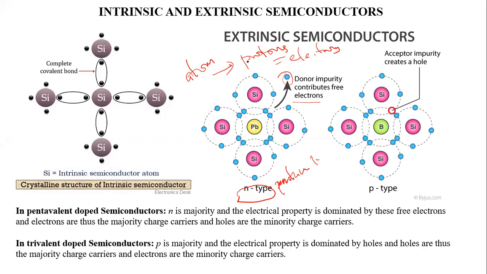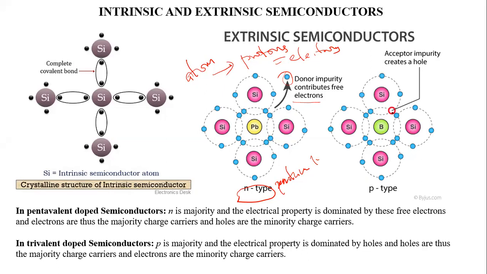And similarly for trivalent atom doping, when inserting one trivalent atom, you are inserting an equal number of protons and electrons in this boron atom. In the silicon crystal, you are just replacing one of the silicon atoms with a boron atom.